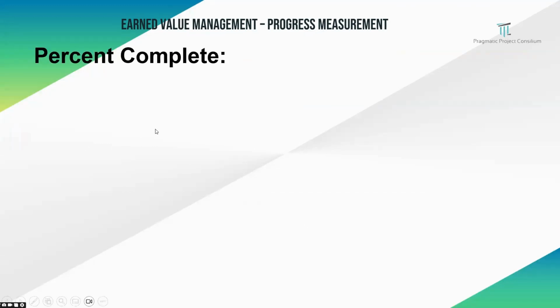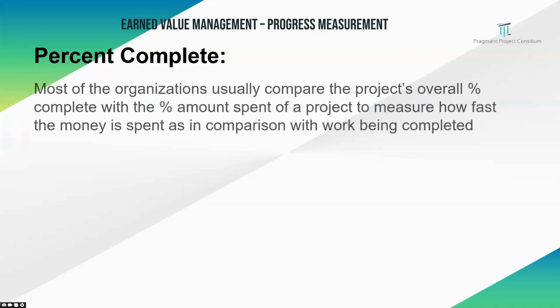Another way of calculating percentage complete: most organizations usually compare the project's overall percentage complete with the percentage amount spent on a project, to measure how fast the money is spent in comparison with the work being completed. This is a very complicated issue, and therefore there are two options we can think about.